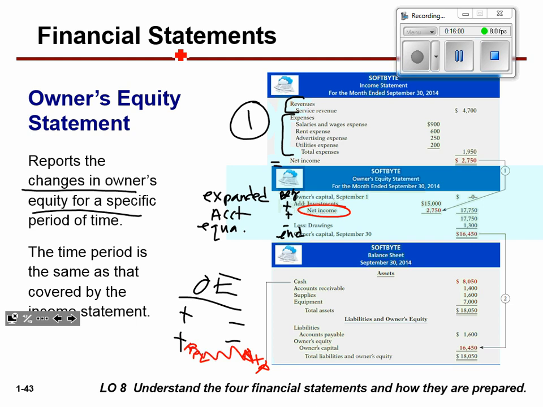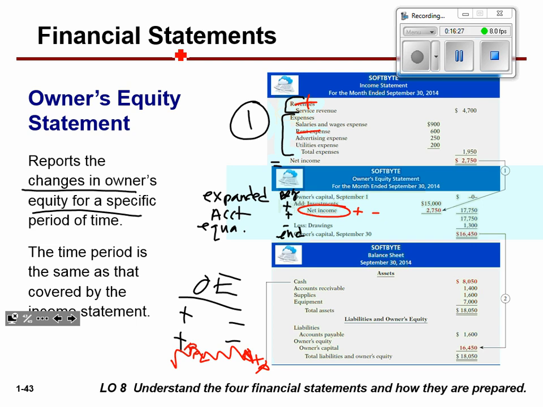So we're not really even going to deal with them because we figured that out in our income statement. And we can tuck that net income, which really is a plus and a minus, inside of it, can't we? So we knew that owner's equity had 2 pluses and 2 minuses, but we wipe out a plus, we wipe out a minus by figuring out our net income. We wipe out our plus revenue, we wipe out our minus expenses.